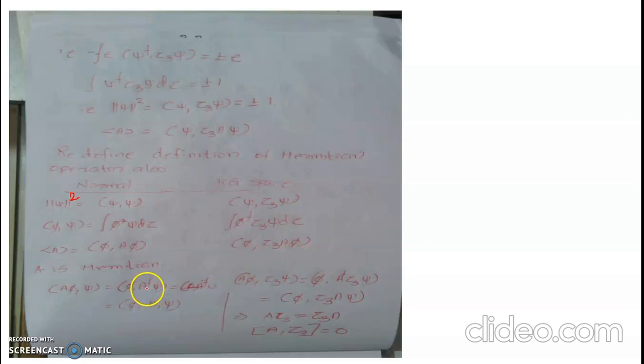If this transformation is independent of daggering, then A dagger will be equal to A, and the scalar product will be scalar product phi, A psi. There is no comma here. That necessitates this identification for the operator, A dagger equal to A. Once this condition is satisfied, we say that A is a self-adjoint operator or a Hermitian operator.